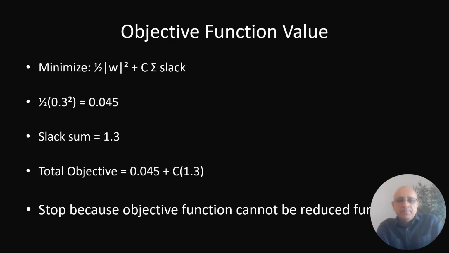By the way, we stop here. We cannot reduce the value of the objective function further, because if you change the slope or b from the regression equation that we found, neither of these terms in the objective function will be reduced.